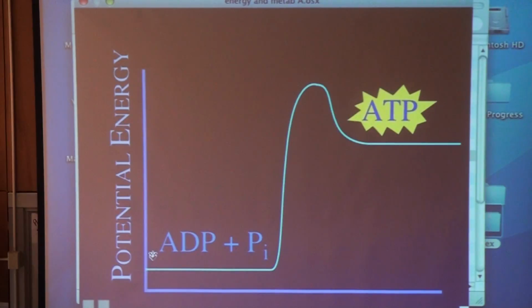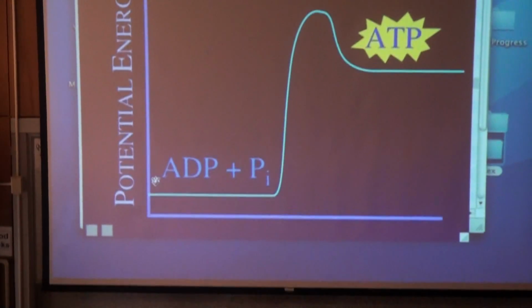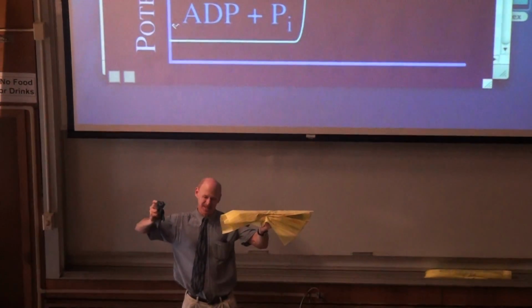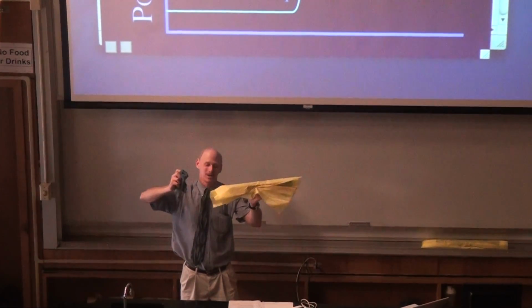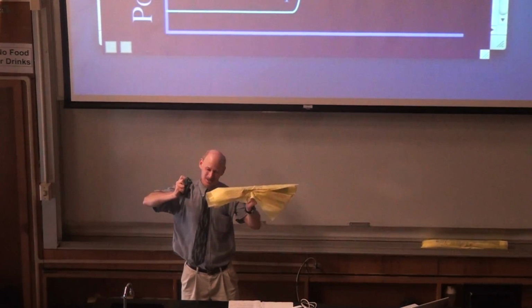To give you a feeling for it, if this was an ADP and this was an inorganic phosphate, it takes energy to click them back together and make the ATP. If you could grab a phosphate and an ADP and try to click them back up, it'd be like trying to force two magnets that were pointed opposite each other together.